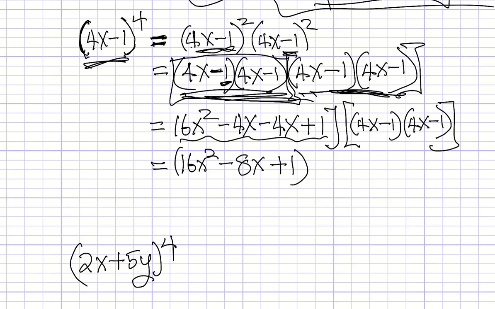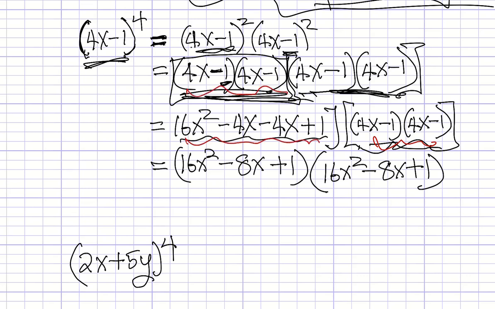Notice that's what we got there. Notice if we do the same thing here, we're gonna get the same thing: 16x squared minus 8x plus 1. You see that, right? Because they're the same thing. So there's no need to reinvent the wheel. We just use what we know.